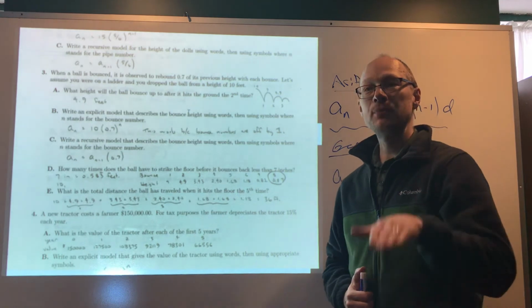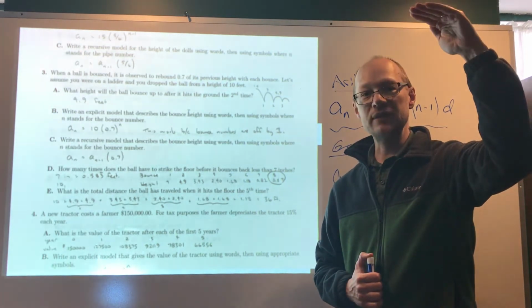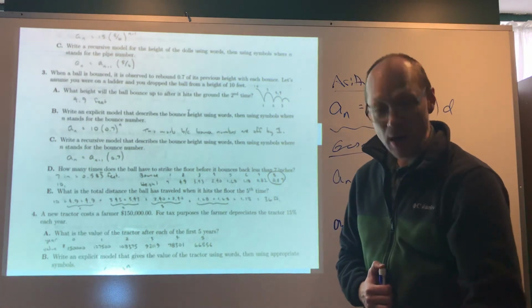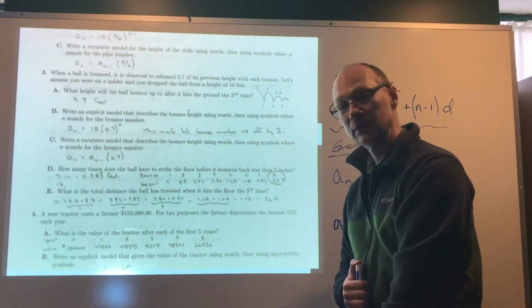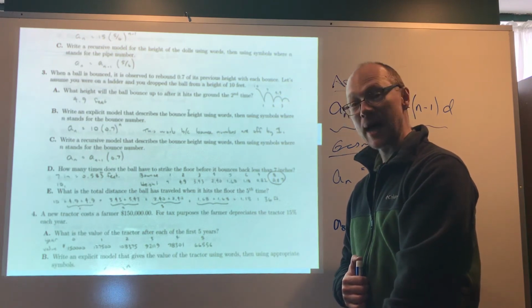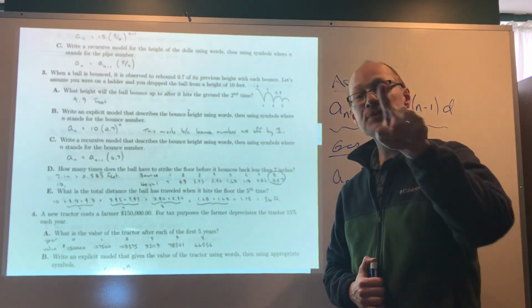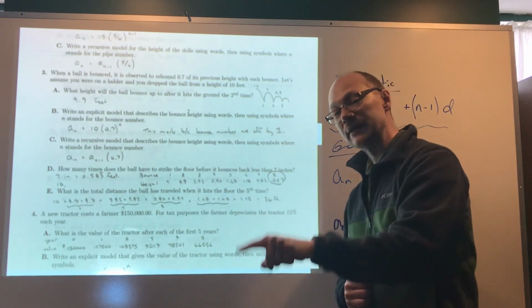And then it bounces up whatever 0.7 times 10 is. That's 7 feet. So it goes down 10, up 7, down 7. How far will it bounce up again? Whatever 7 times 0.7 is. That's 4.9. So it goes down 10, up 7, down 7, up 4.9, down 4.9.